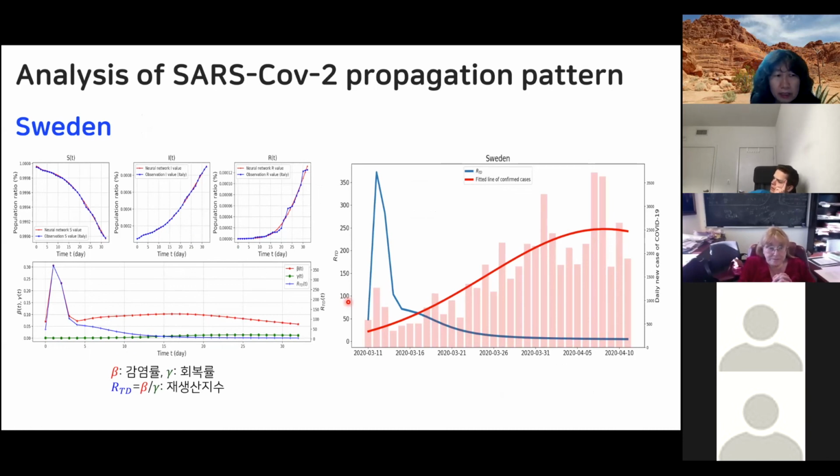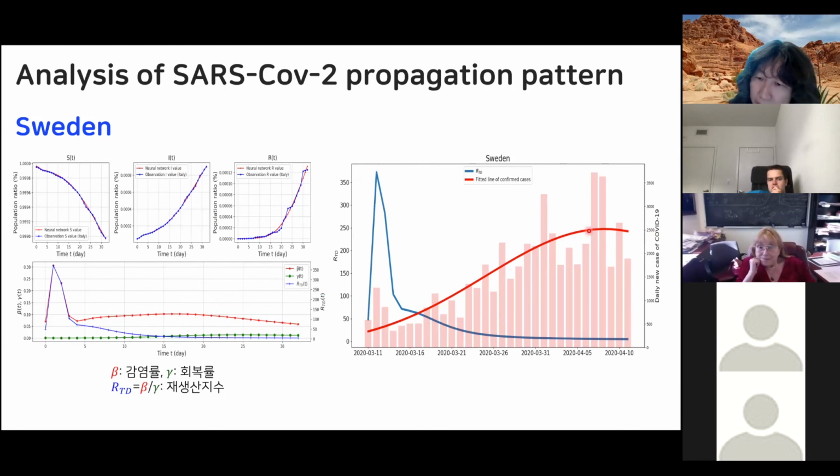To check the applicability of the model to other cases, we also tried to analyze the situation in other countries. I don't have much time, so I'm going to show you very briefly Sweden, Italy and the United States in 2020. We computed beta, gamma and R, the reproduction index, and the 2 graphs, the reproduction index and the actual confirmed cases.